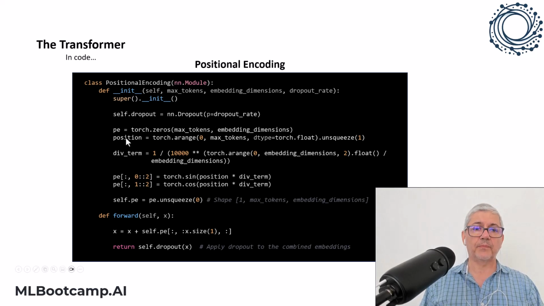We define the dropout and other matrices and variables to calculate the positional embedding. Remember, this one is based on sine and cosine. In the forward pass, we receive the input embeddings and we add them to the positional embedding matrix defined in this init function. And we return it with a dropout.